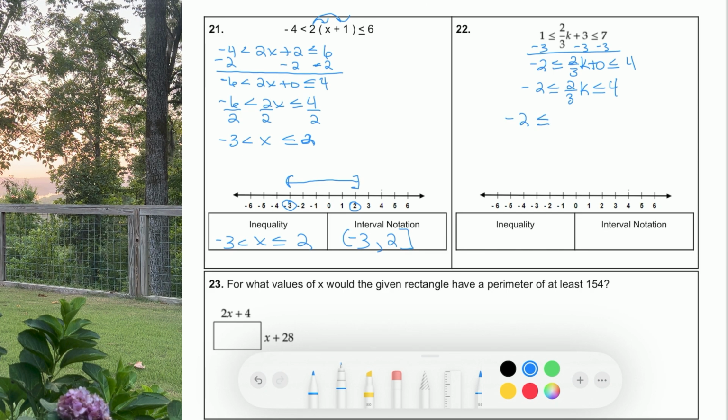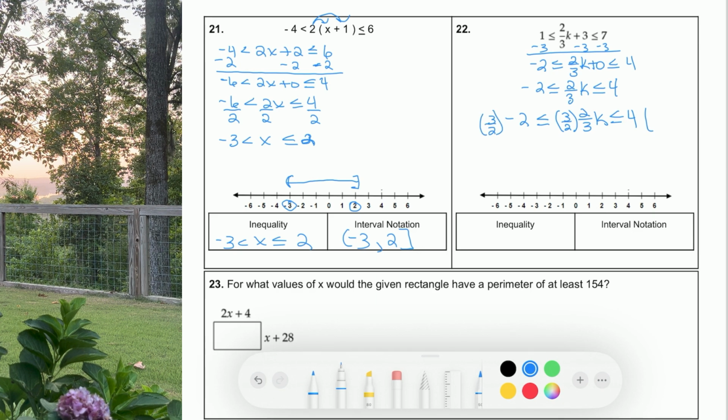All right, so I'm going to rewrite the negative 2 less than or equal to. To get rid of that 2/3, we have to multiply by the reciprocal. So I'm going to write 3/2 times the 2/3 k. But if we do that there, we also have to do the 2 endpoints as well.